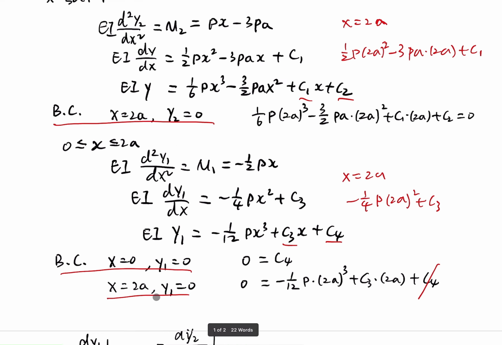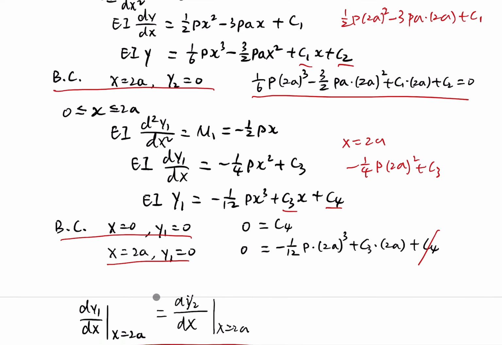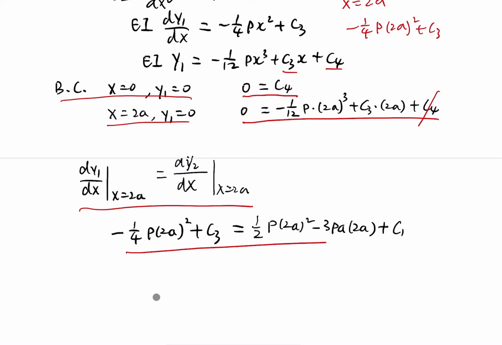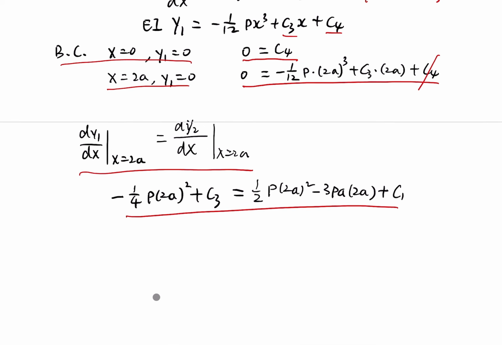So now we have four equations: equation 1, equation 2, equation 3, and equation 4. Based on these four equations, we can come out with the four unknown constants.